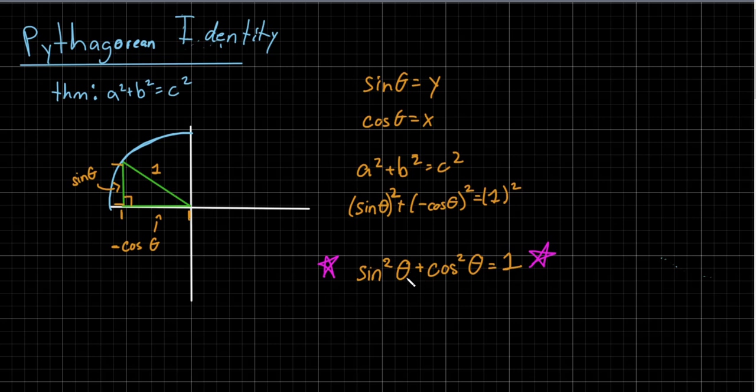Sine squared theta plus cosine squared theta equals 1. Yes, so that was our first trig identity.